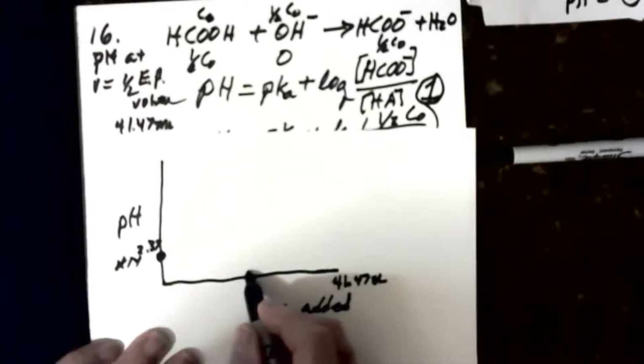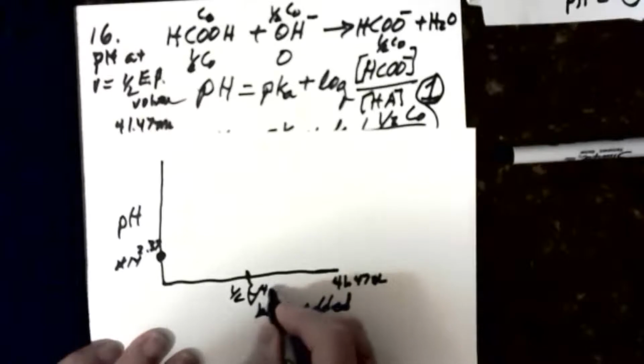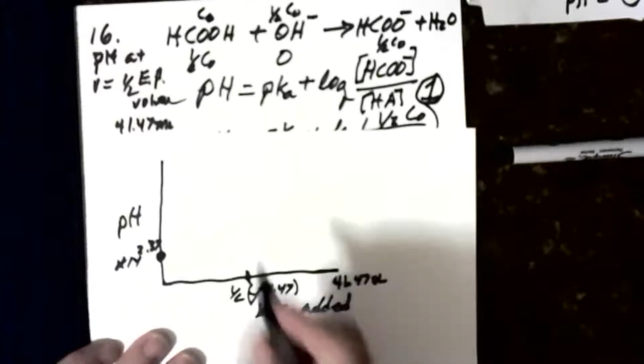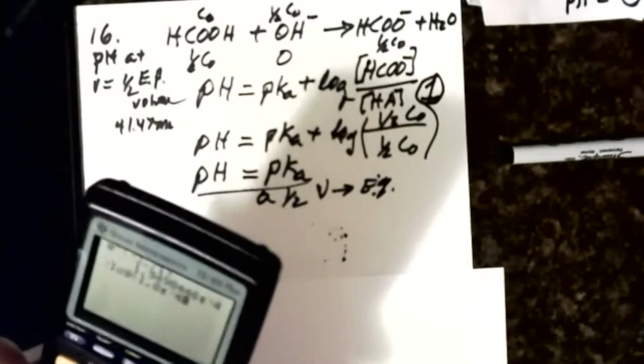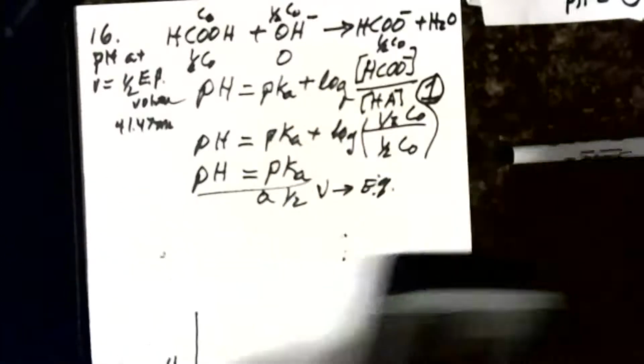Now right here, we're calculating the volume to 1/2. In this case, it's 41.47 milliliters, half of that. And we know the pH is equal to the pKa. So if we go back up here and do that calculation, minus the log of 1.8 times 10 to the -4, that's 3.74.